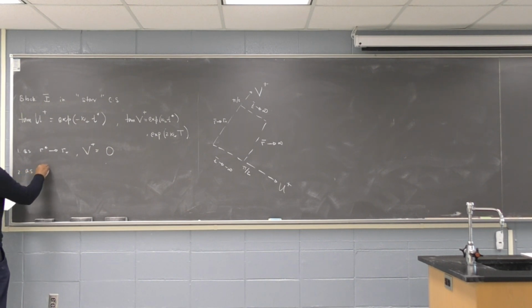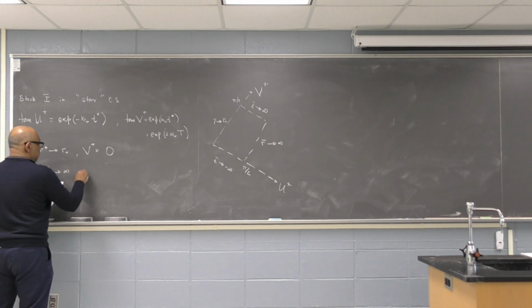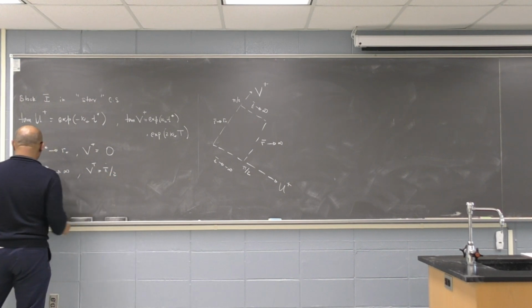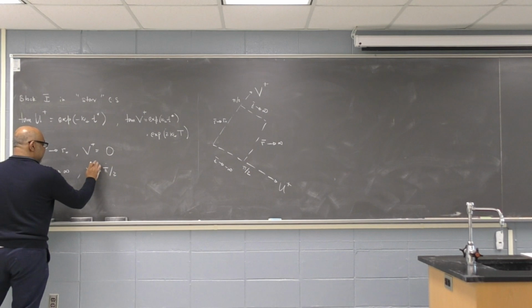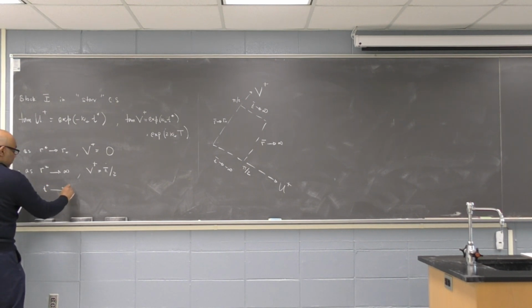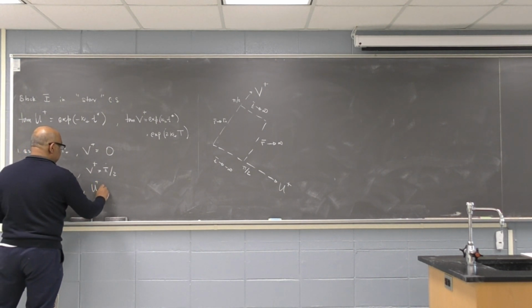As r star approaches infinity, v plus equals pi over 2. You can check these. These are details, but it's important to check. Nonetheless, there's nothing groundbreaking happening here.